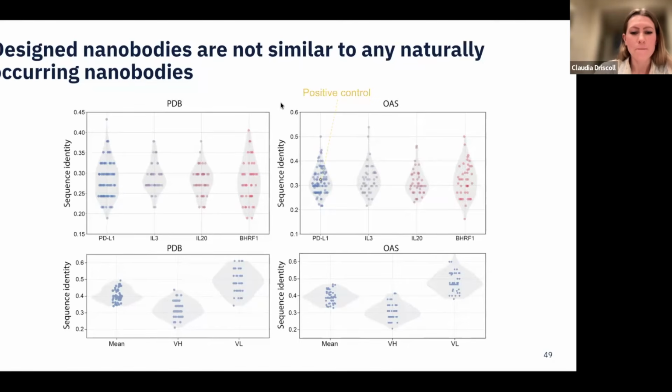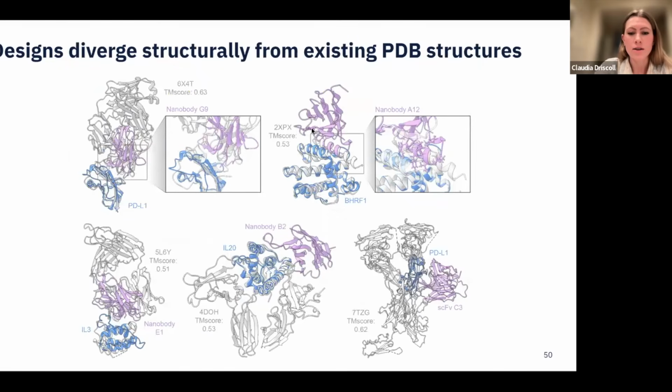And then for structural novelty, we used Foldseek-Multimer to identify, for just the hits, so the binders that we quantified by SPR and BLI, the protein in the PDB with the highest structural identity, which are shown in gray as an overlay aligned to the target.